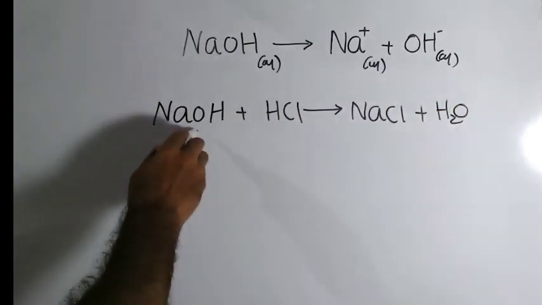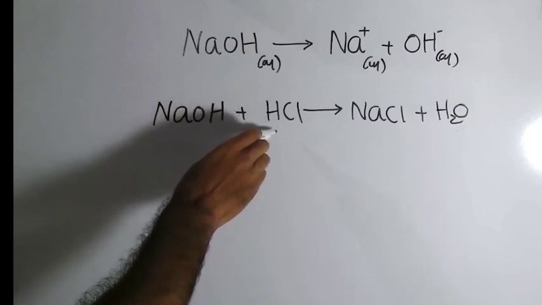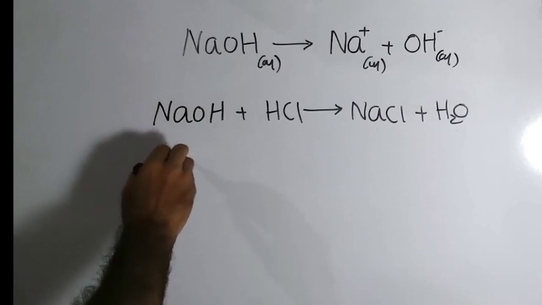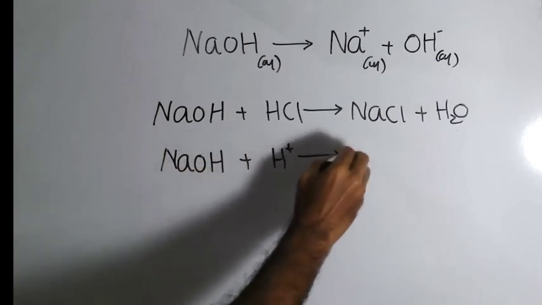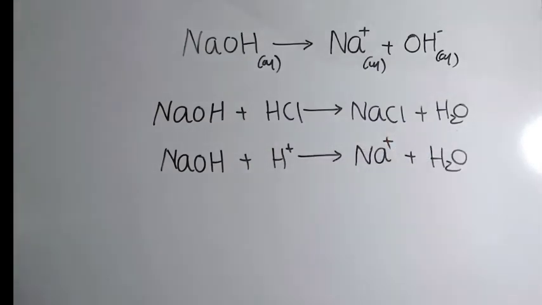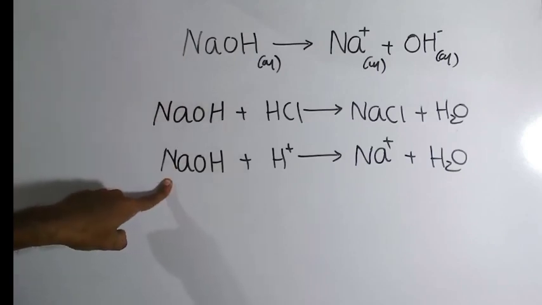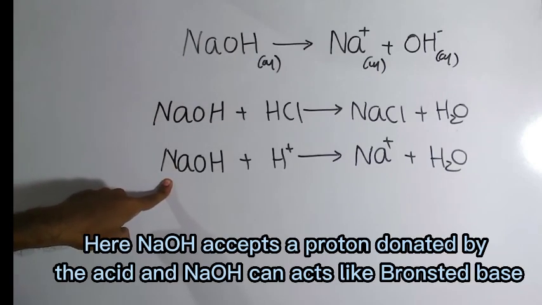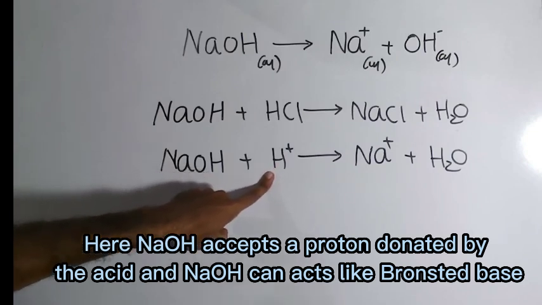Then we can say sodium hydroxide accepts the proton provided by hydrochloric acid. So then this will produce sodium ion and water. Then we can say sodium hydroxide can act as an Arrhenius base because it can donate hydroxyl ion to the medium, and it can act as a Bronsted base because it can accept a proton that is given by an acid.